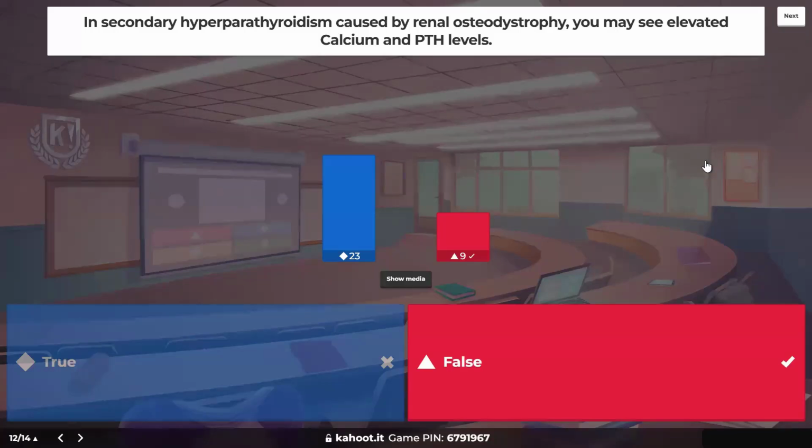So yeah, primary hyperparathyroidism is the only one. With renal disease, renal osteodystrophy, you've got lower calcium. That's what's causing higher parathyroid hormone. Yeah, you need that healthy kidney to have adequate amounts of vitamin D. Without adequate vitamin D, you have lower calcium.